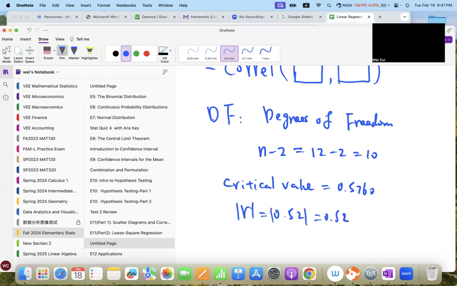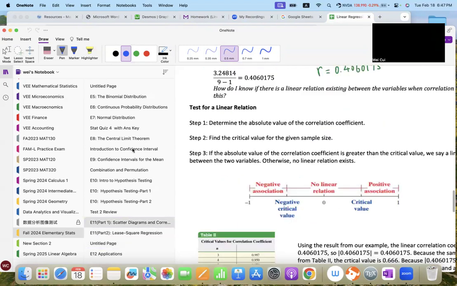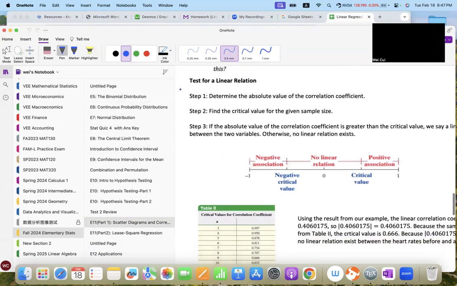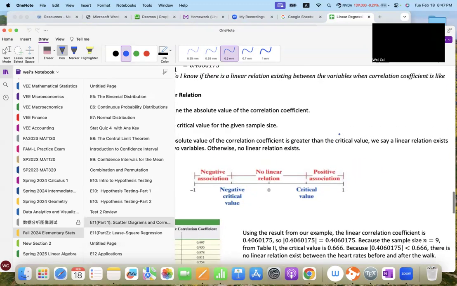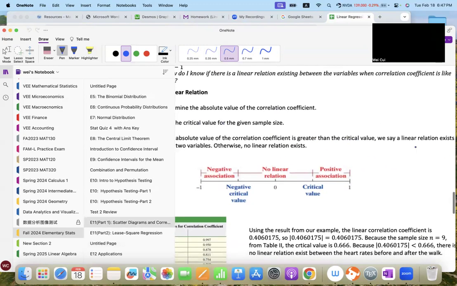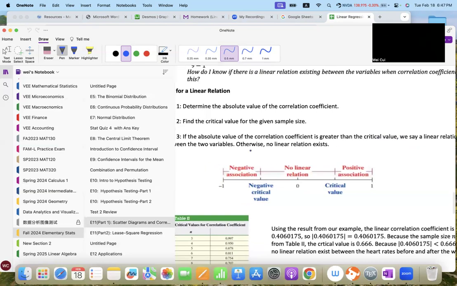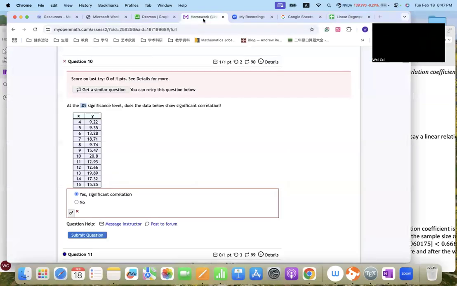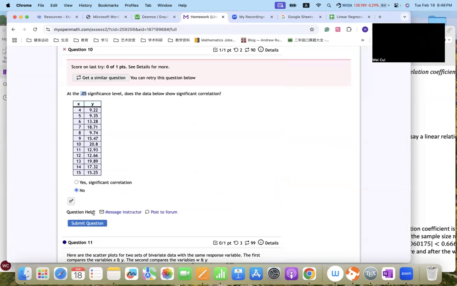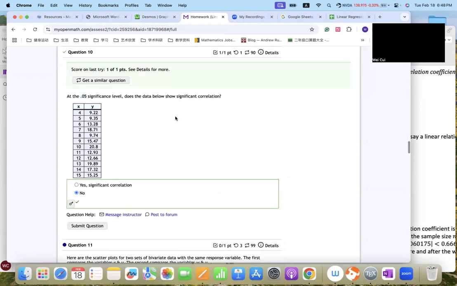Now because here R is less than the critical value, remember what this test says: if it's greater than the critical value, then we say there's a linear relation. Otherwise, no linear relation. So our conclusion should be no, there's no significant correlation.